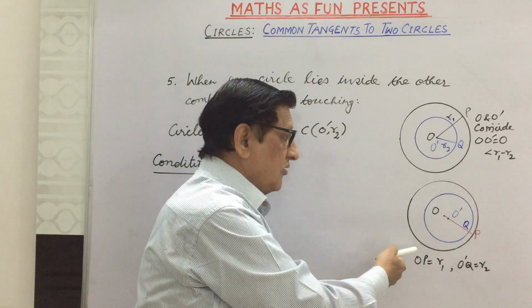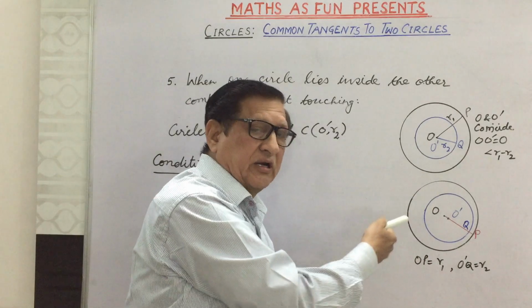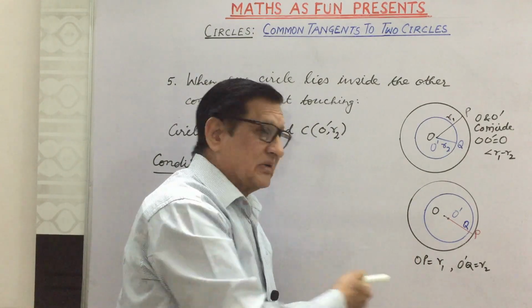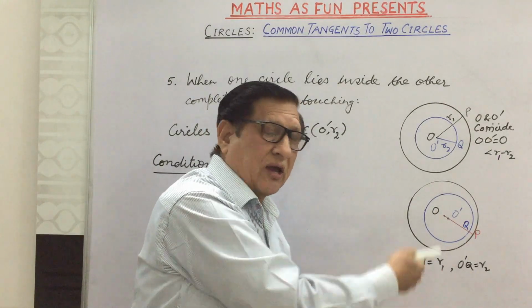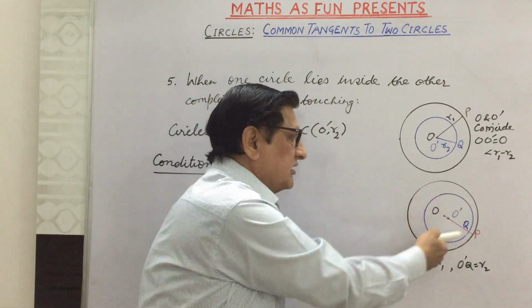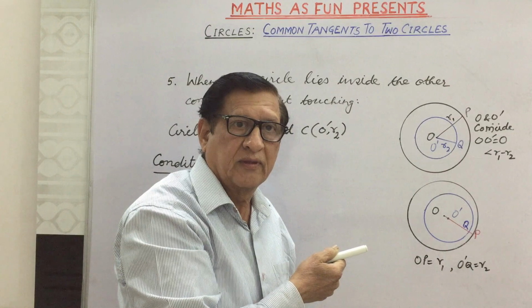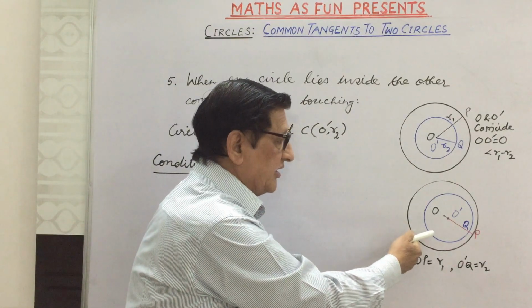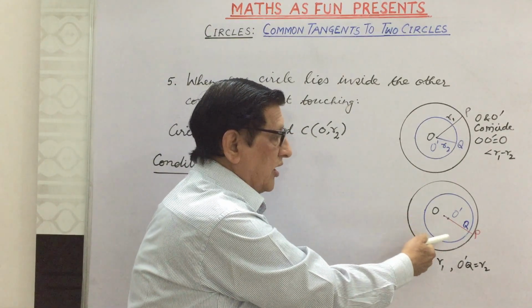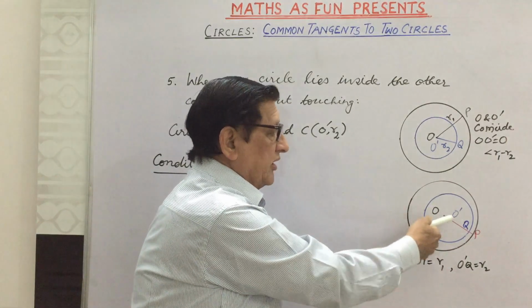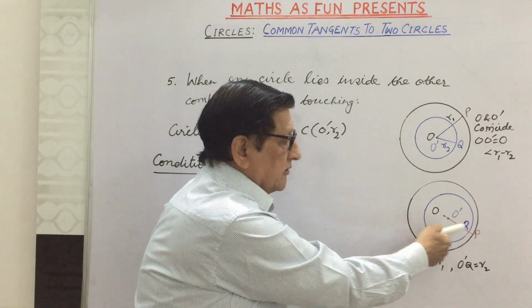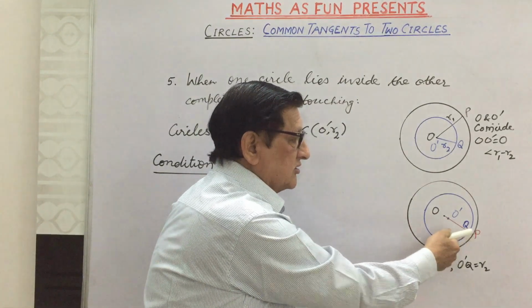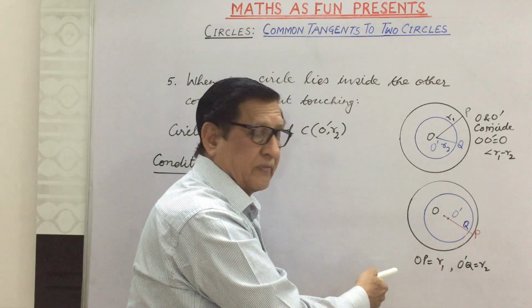The other case is when the centers are different and radii are also different. But the circles are not touching each other, not intersecting each other, and one is lying completely inside the other. In that case, like we are finding here, C(O, R1) and C(O', R2) are two circles. OP is the radius of the larger circle, that is R1.